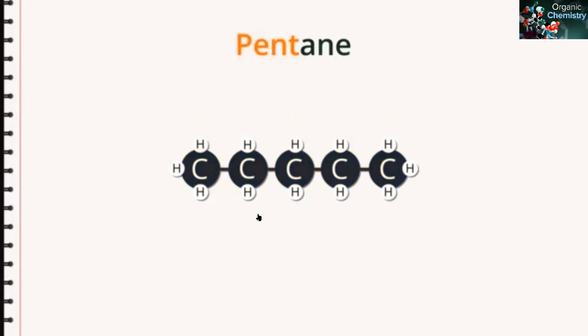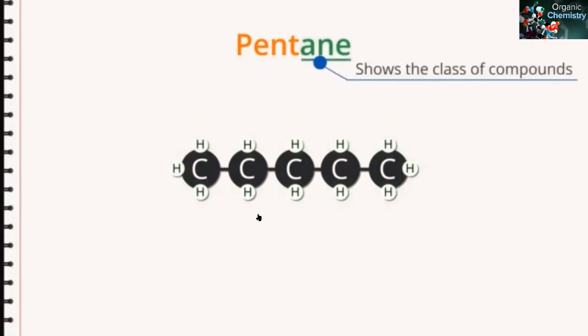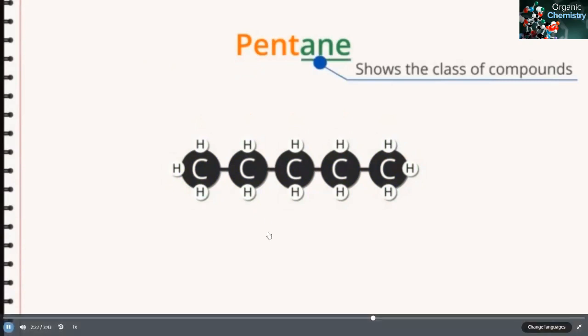The second part of the name tells us what is attached to the carbon atoms. If there are only hydrogen atoms, the name of the compound will end with ane, pentane. The last part of the name is like a surname, showing which family or class of compounds the organic molecule belongs to.